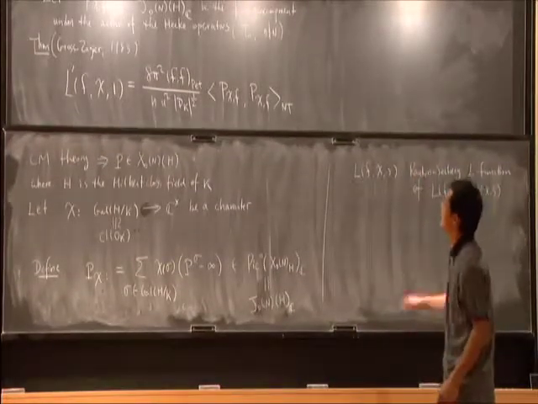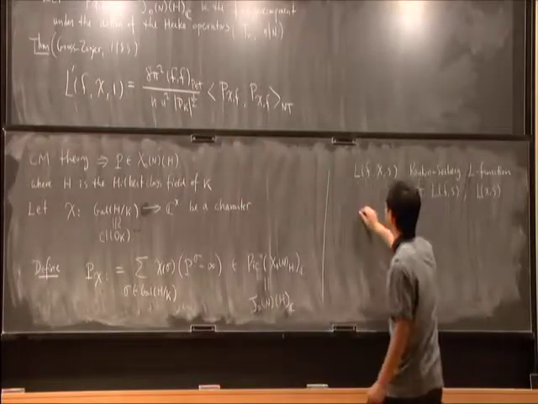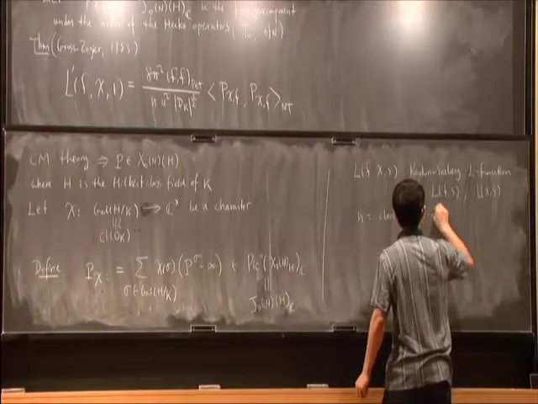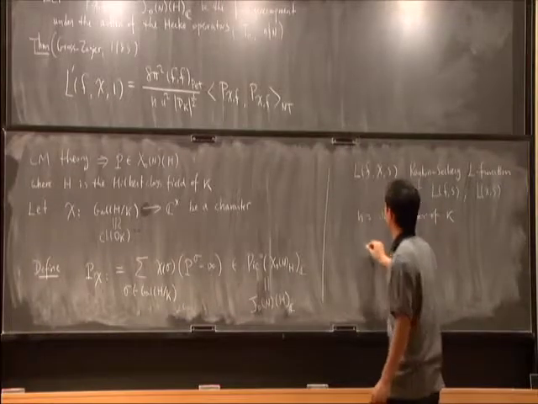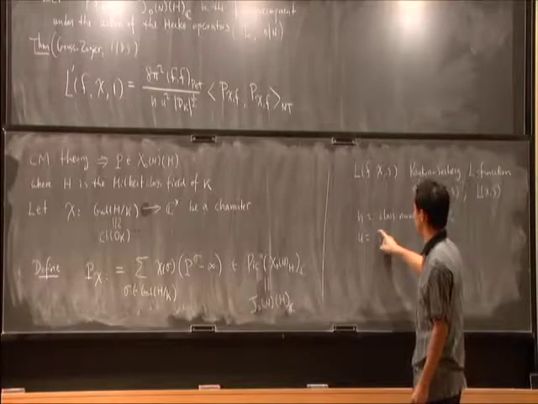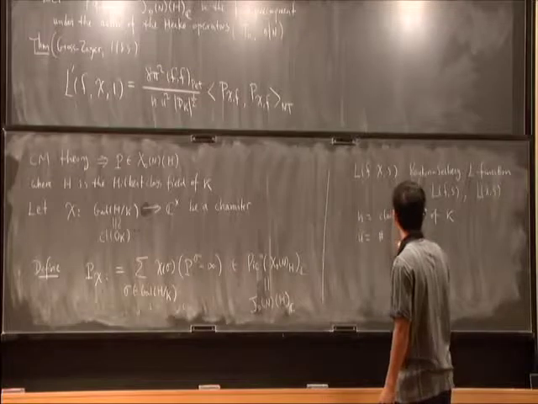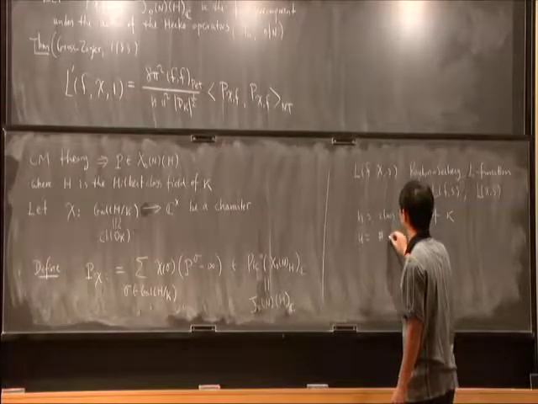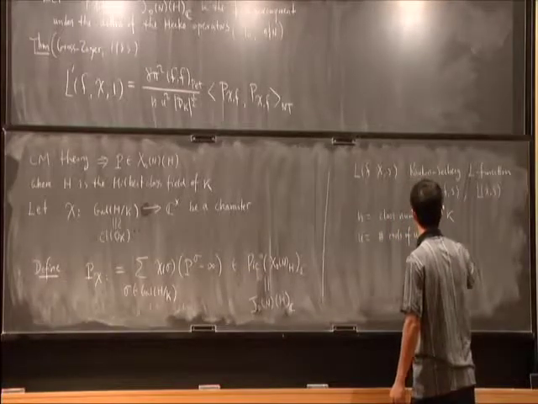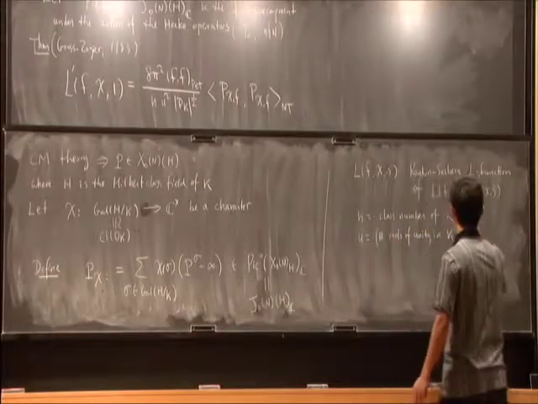And this (f,f) is the Petersson inner product, and this h is the class number. And this u is half the number of roots of unity in K, divided by 2 to normalize it.